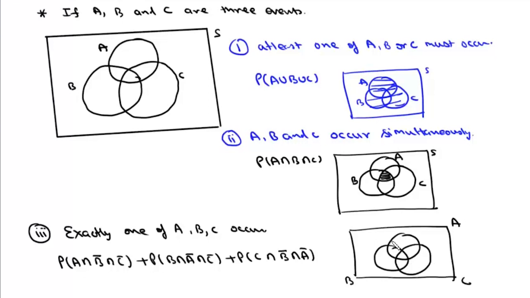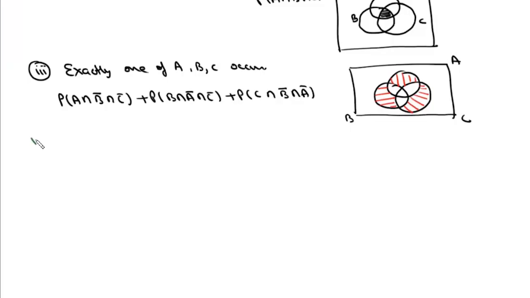It will be A but not B not C, or B but not A not C, or C but not A not B. Now this fourth one is exactly two of A, B, C occur.